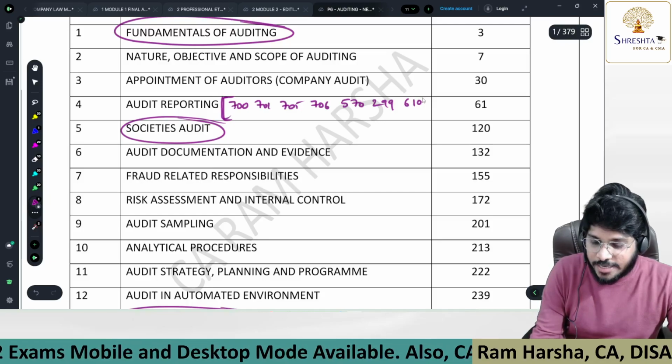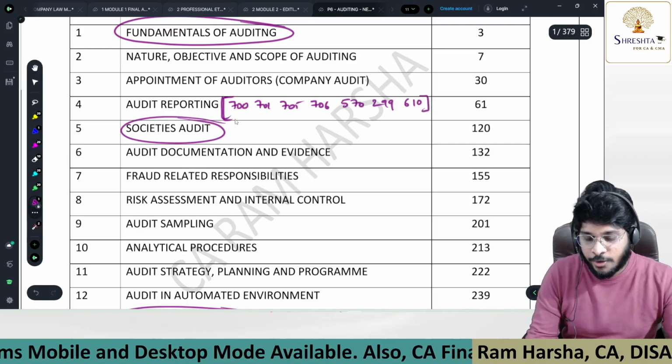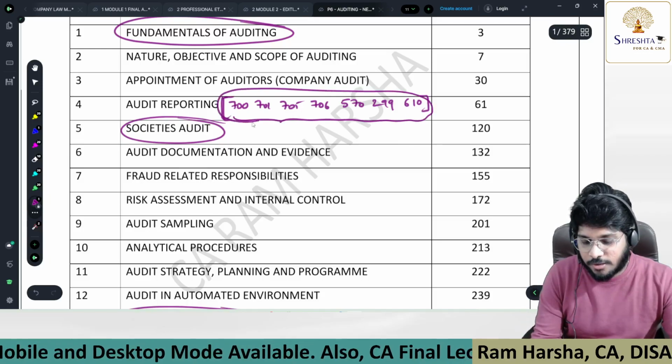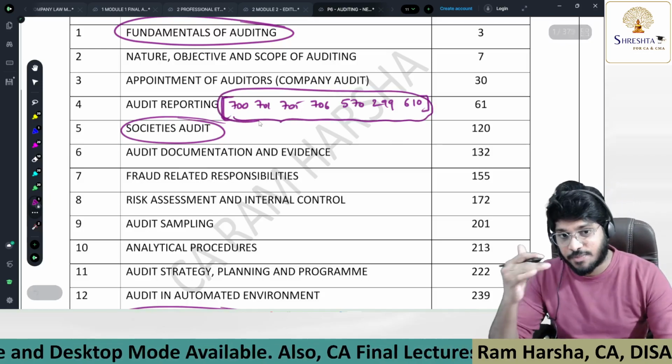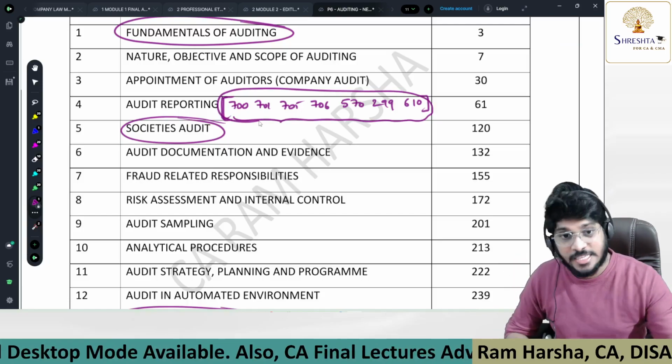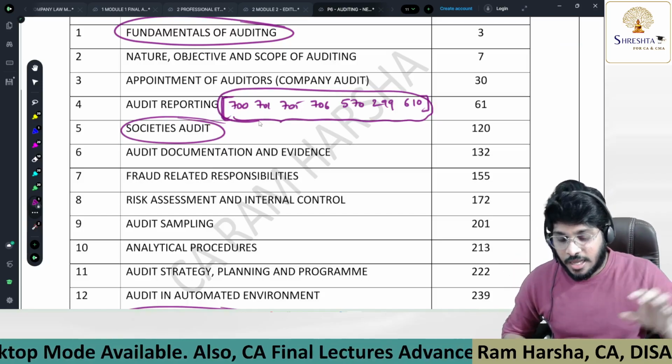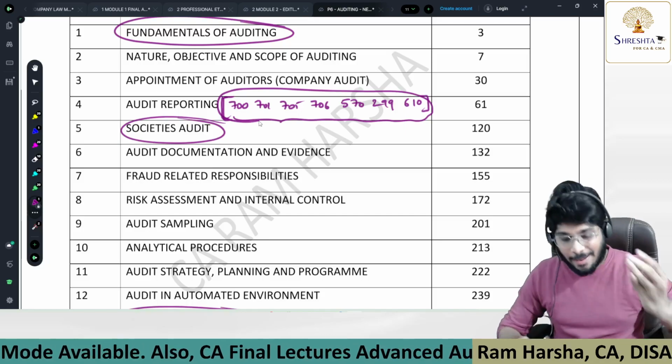We generally read these standards as part of the audit report chapter, and these are very important.